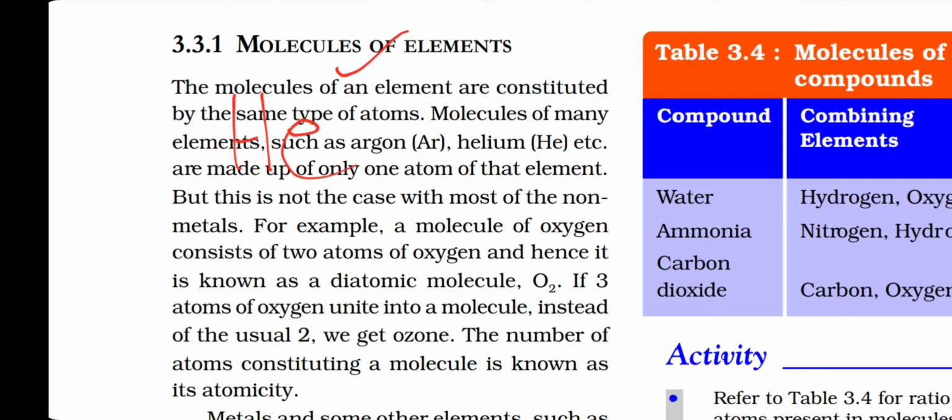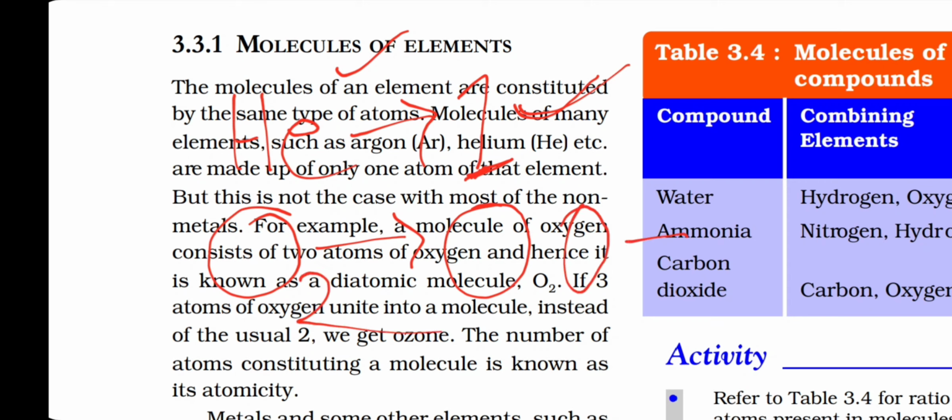If we take the example of helium, the molecule consists of only one atom of helium, so its atomicity is 1. Oxygen consists of two atoms of oxygen, that is O2, so its atomicity is 2, because two atoms of oxygen are combined to form one molecule of oxygen.